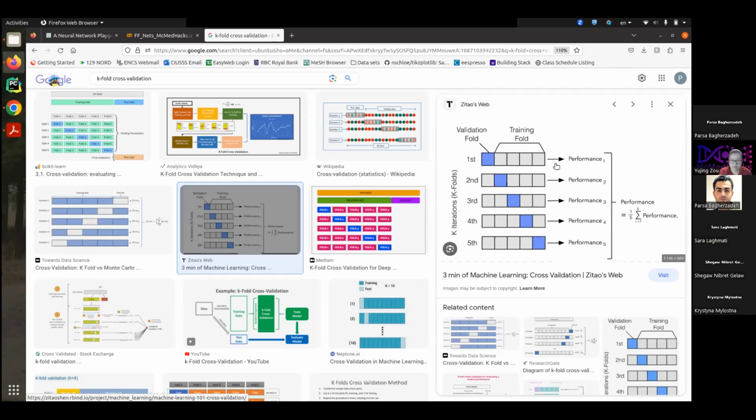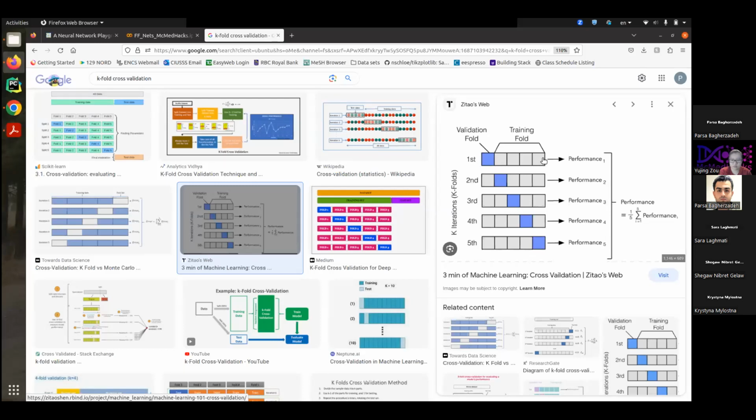In k-fold cross validation, we are partitioning our data into k folds. Here I have 5-fold cross validation. So I'm partitioning the data into 5 folds: 1, 2, 3, 4, 5, and I'm iterating over these different folds. For the first fold, I'm using it for the test, and the rest for the training. Then I have a measure, an F1 score for instance.